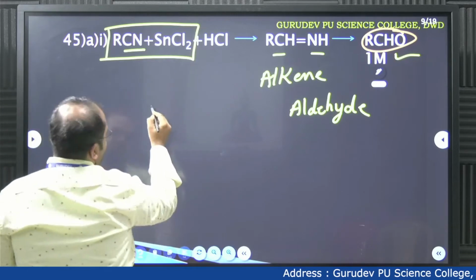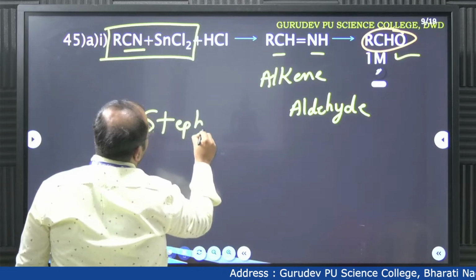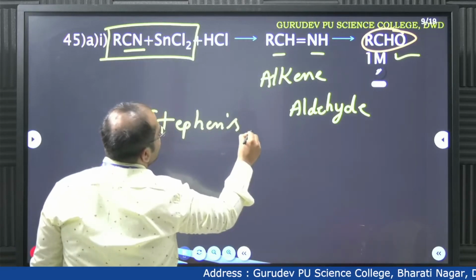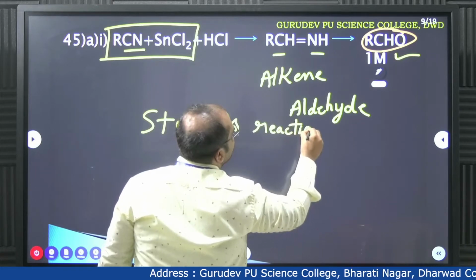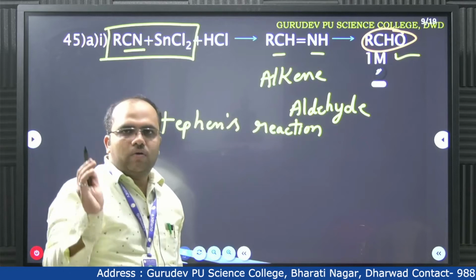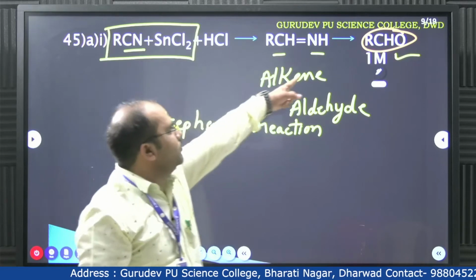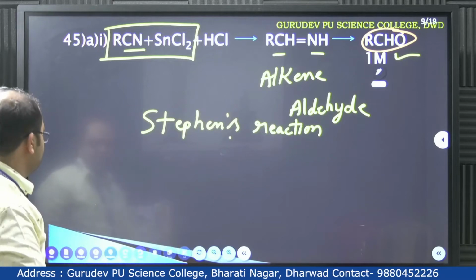Here you have to think, this is the Stephen reaction. How does it come? Just remember the reagent used here is stannous chloride. Without any doubt, the formation of aldehyde by this route is considered the Stephen's reaction.